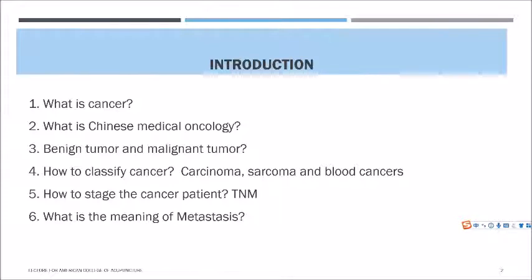But in the soft tissues, we use the term sarcoma. Cancer and carcinoma are the same. Sarcoma is mostly in the soft tissues, like fatty sarcoma, bone sarcoma, muscle sarcoma. Kaposi sarcoma is different from carcinoma, a different tissue.